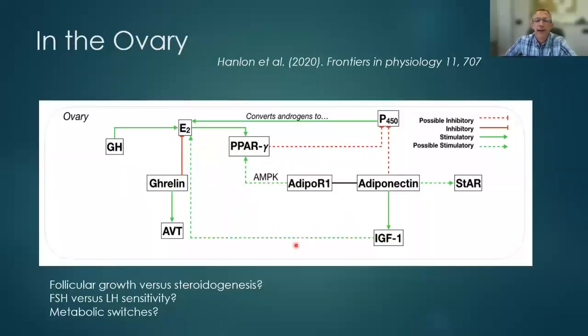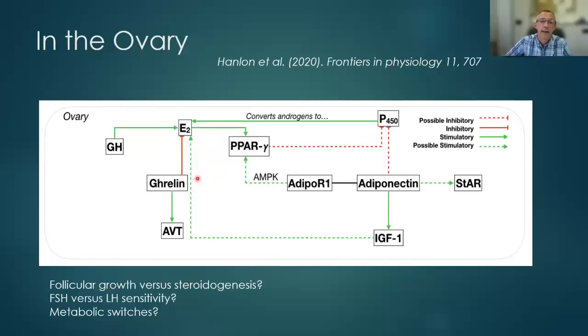Now, in the ovary, what is really happening is we need to initiate steroidogenesis, but as well, we need to initiate follicular growth. Why do those two need to be coordinated? Because you obviously need to grow the small follicles towards yellow follicles and hierarchical follicles that will be ovulated. But we also need the expression of estradiol. And as I'll show in the next couple of slides, estradiol is very important to making that bird ready for a successful laying cycle.